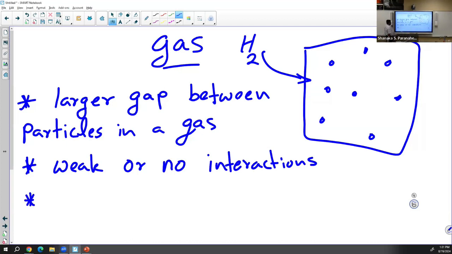And also, these gas particles move on straight lines and these motions are rapid. So the gas particles move rapidly on straight lines.